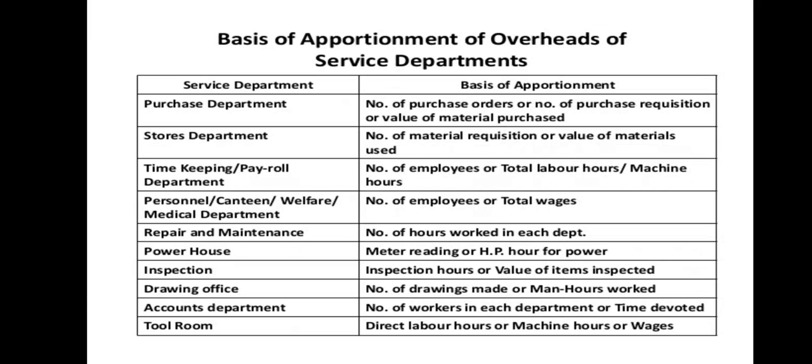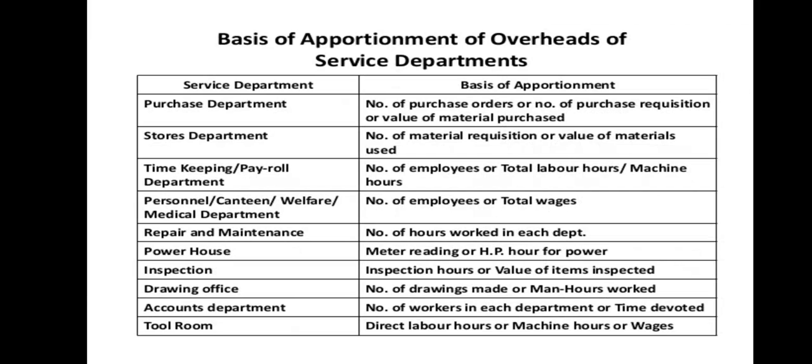The basis of apportionment of overheads of service departments. So how the apportionment has been done and how we have to do the apportionment or allotment. Just check the heading of basis of apportionment.